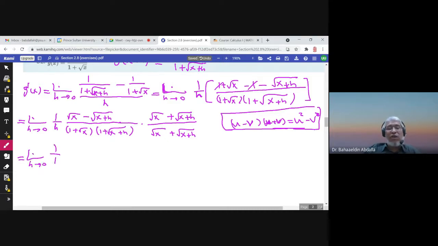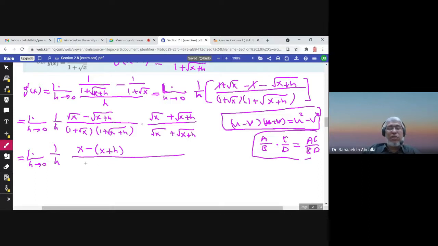So we have 1 over h. And now when we multiply these two fractions, remember, you multiply fractions like this: a times c, and b times d in the denominator. So if you multiply the numerator times the numerator, you get u squared minus v squared. So square root of x squared, that's x, and square root of x plus h squared, that's negative x plus h.